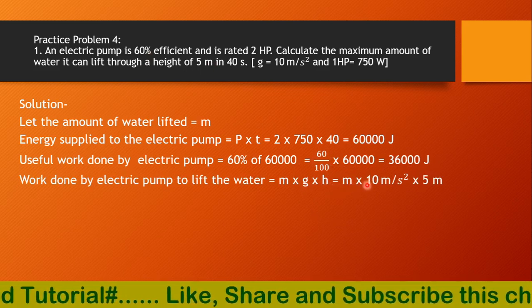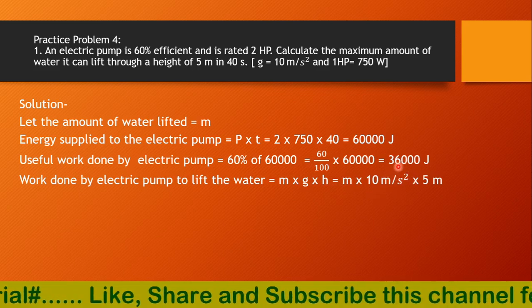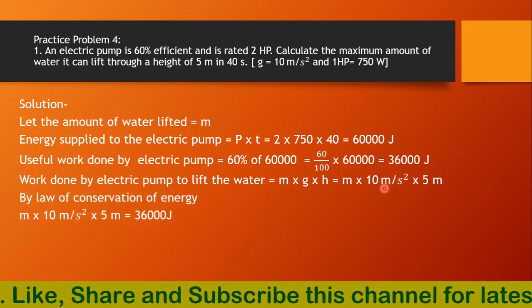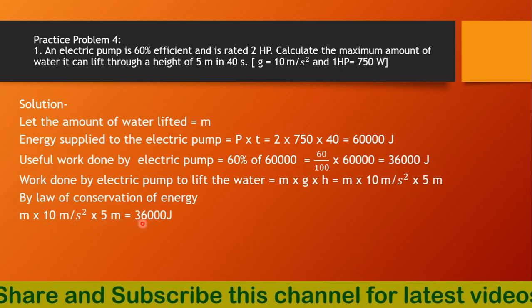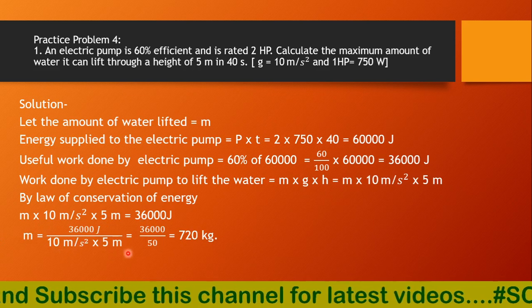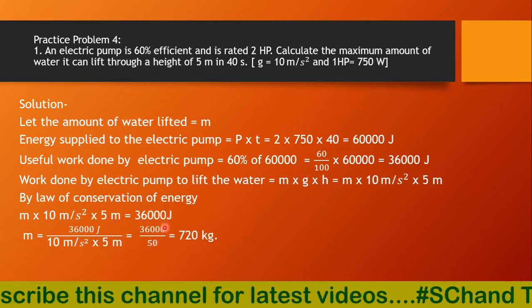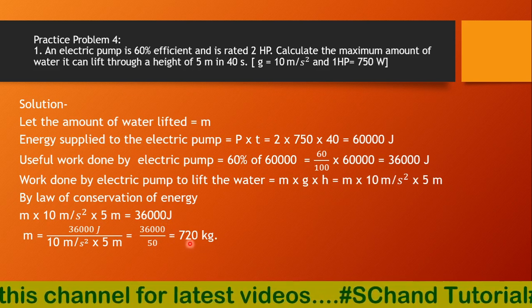These two work done will be the same. So by the law of conservation of energy, M into 10 into 5 is equal to 36,000 joule. So M is 36,000 over 10 into 5, that is 36,000 over 50. 0 and 0 cancel, so it is 720 kilogram.